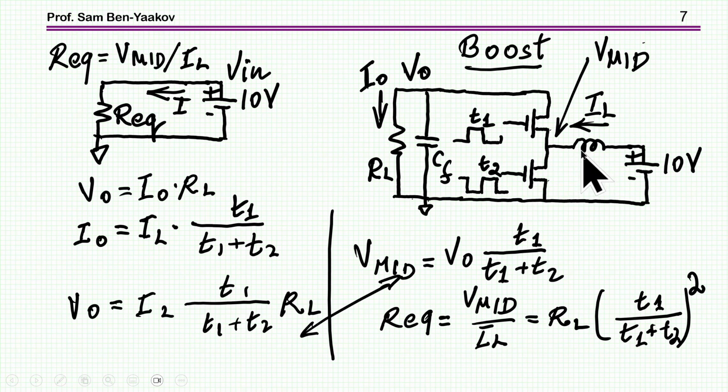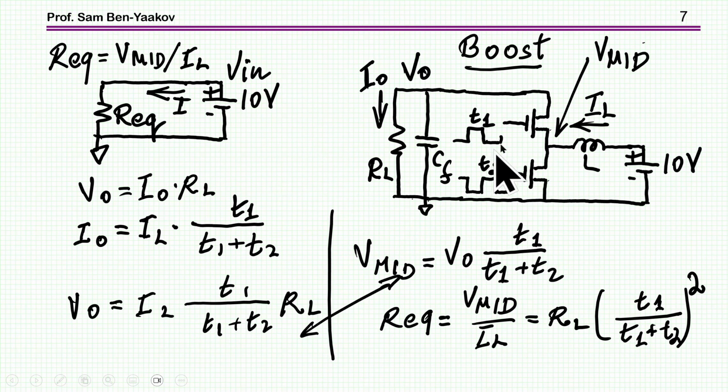If I have this current, then the output current is a function of it, and the output voltage is the output current times the resistance of the load. Now, the output current is the inductor current times this ratio, because the high side transistor is turned on at T1.